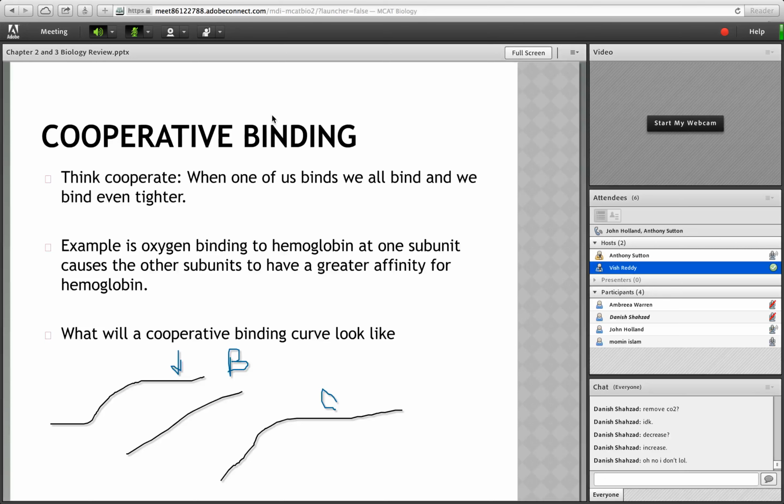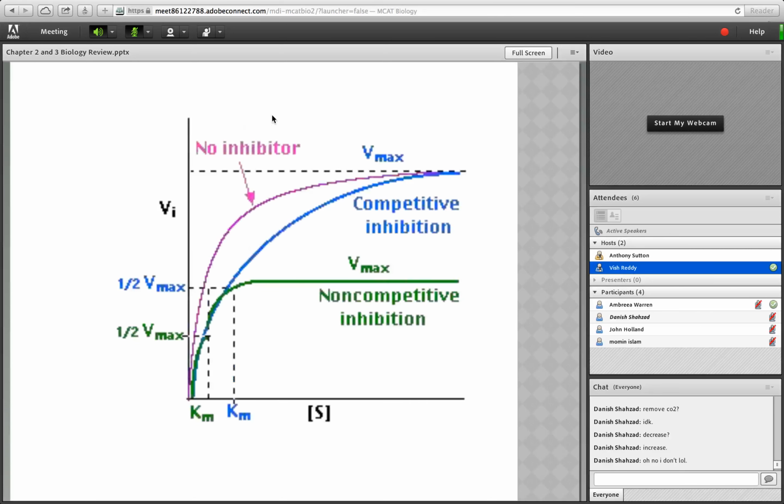So John, why would you have a sigmoidal curve in cooperative binding, and why would it not be linear? Because the affinity for hemoglobin isn't constant. Okay, that's good, that's why it wouldn't be linear. Everybody understand that? So it would be sigmoidal.